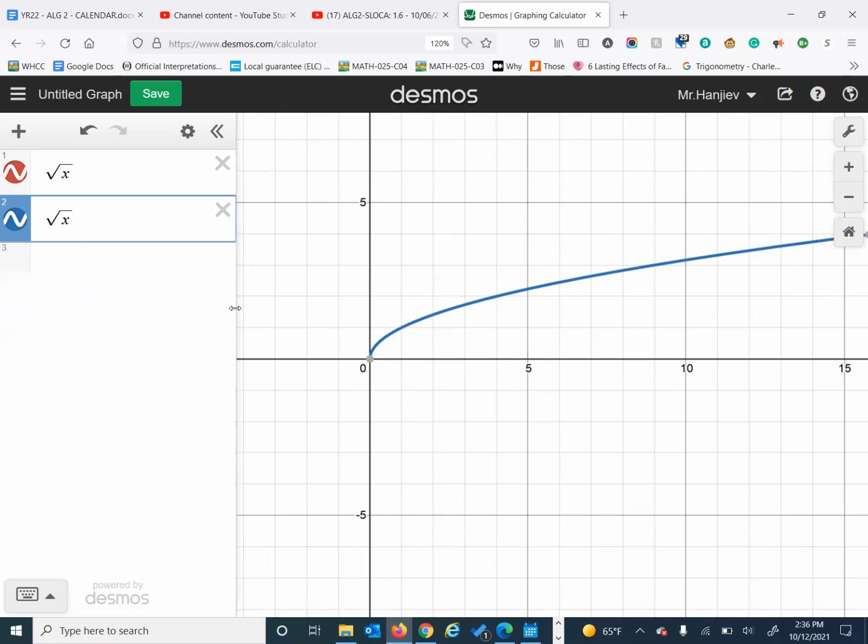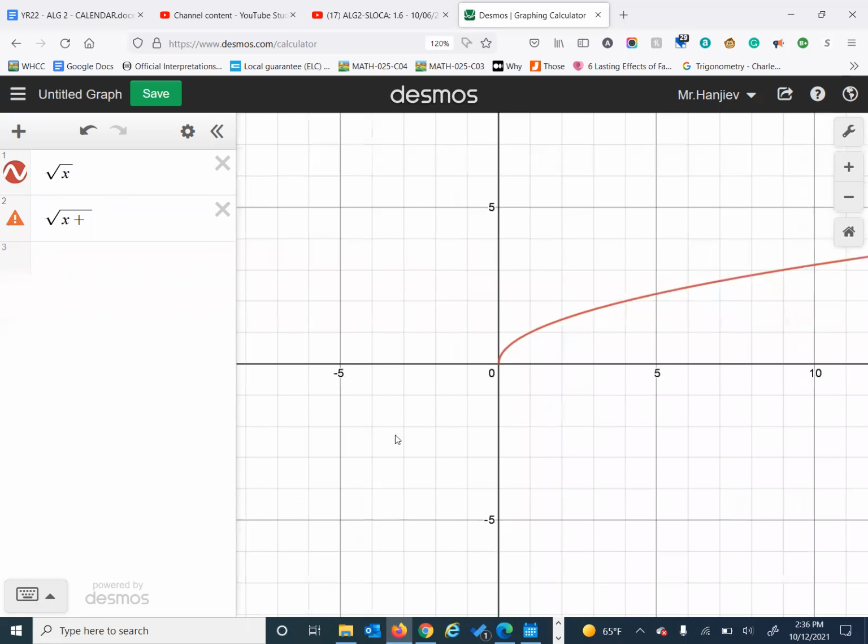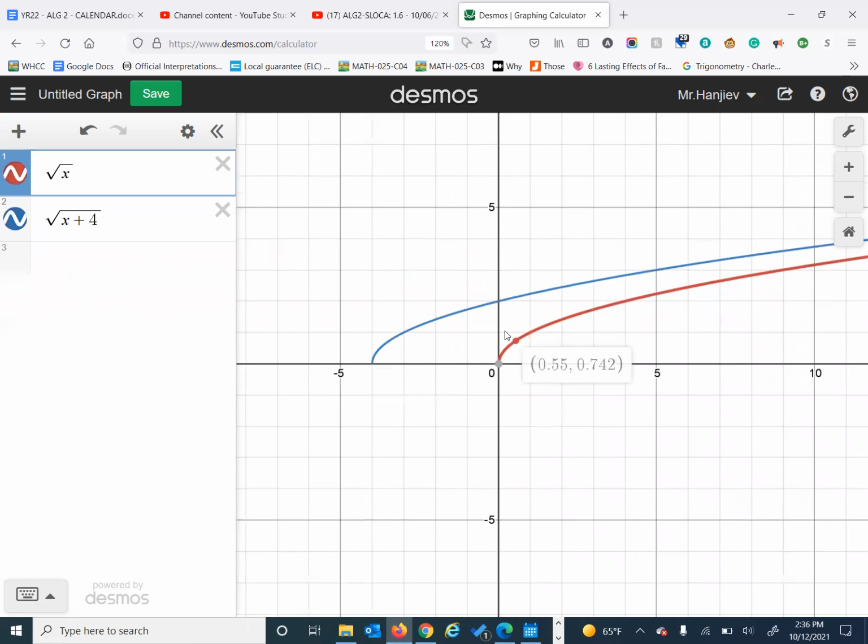Moving on to the inside, if I were to add 4, what's going to happen? Add 4 to my graph. Predict. It goes to the left 4 units. So 0, 0 now goes this way. It goes to the left each time. 1, 1 goes 1, 2, 3, 4 to the left. Now it's a negative 3, 1.